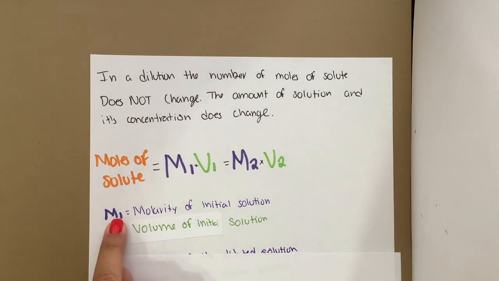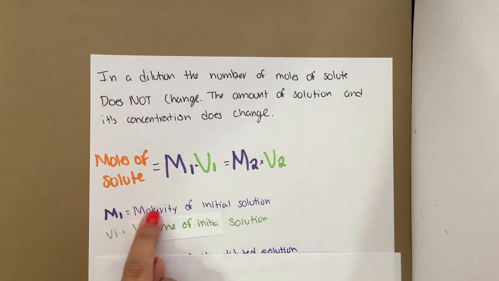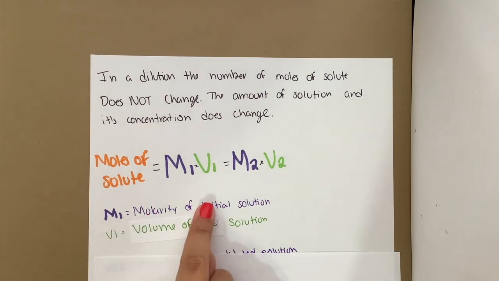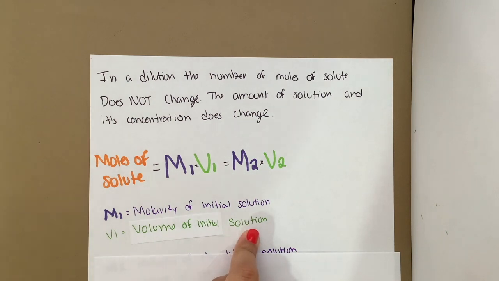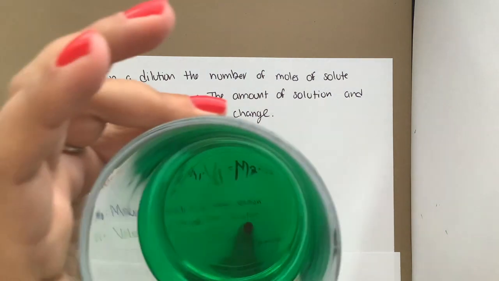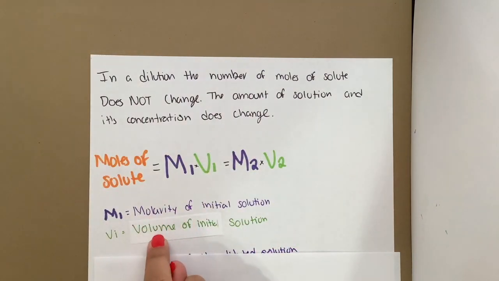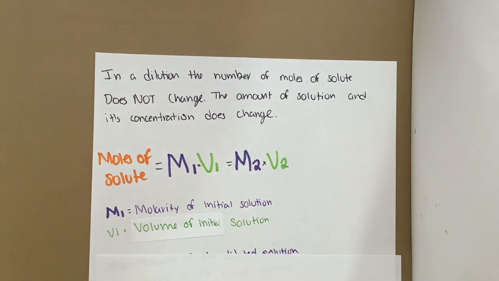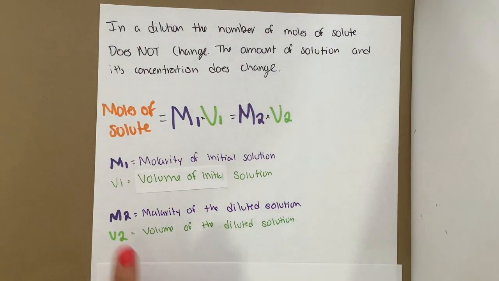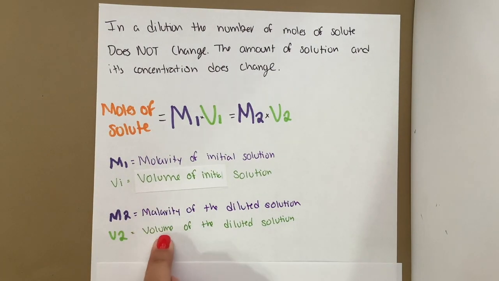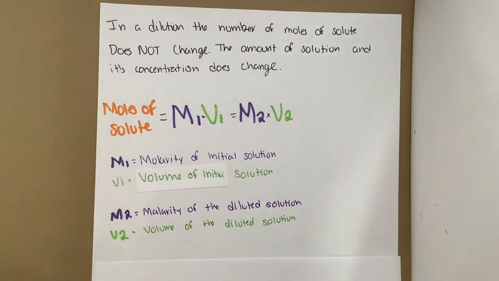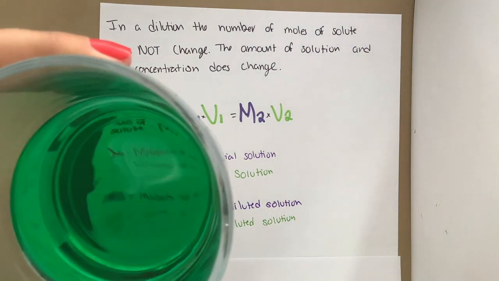Again, M1 and V1 are the molarity and the volume of your initial solution, the solution that we started with before we added water, and M2 and V2 are the molarity and the volume of my diluted solution. So now I would have to calculate my new volume.